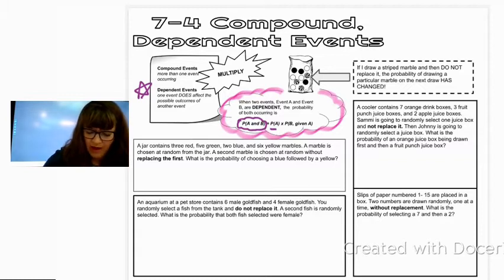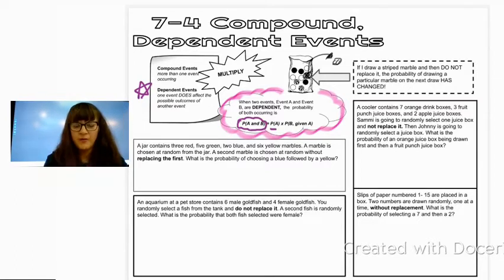Here's an example of how one event affects another. So in this bag here, we have 10 marbles, 1, 2, 3, 4, 5, 6, 7, 8, 9, 10 total marbles. Let's say that I draw out this striped marble. So I drew it out, so it's not in the bag anymore.